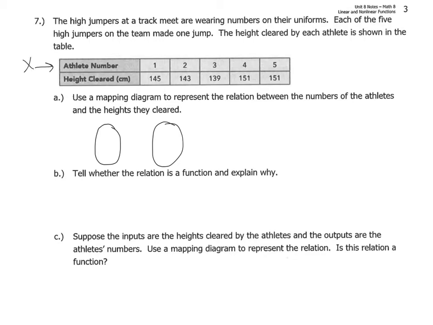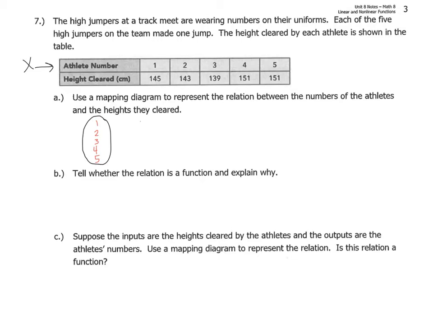So our athlete numbers are, it might have been easier if I just draw the numbers first and then draw the oval. So my numbers are 1, 2, 3, 4, and 5. And then I have the heights cleared, and I'm going to put them in numerical order.